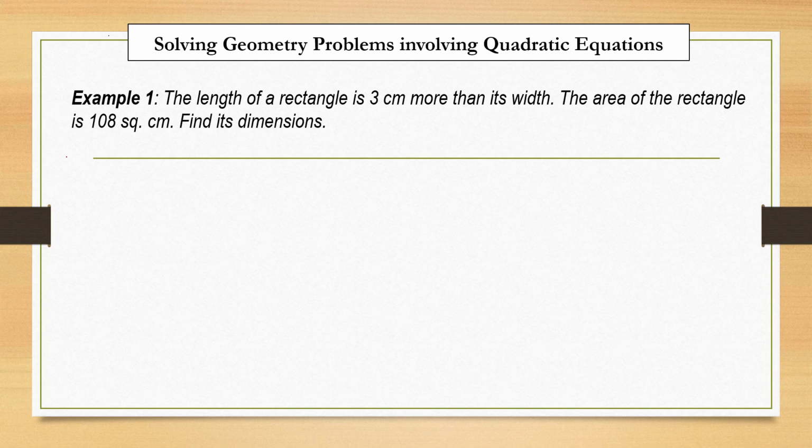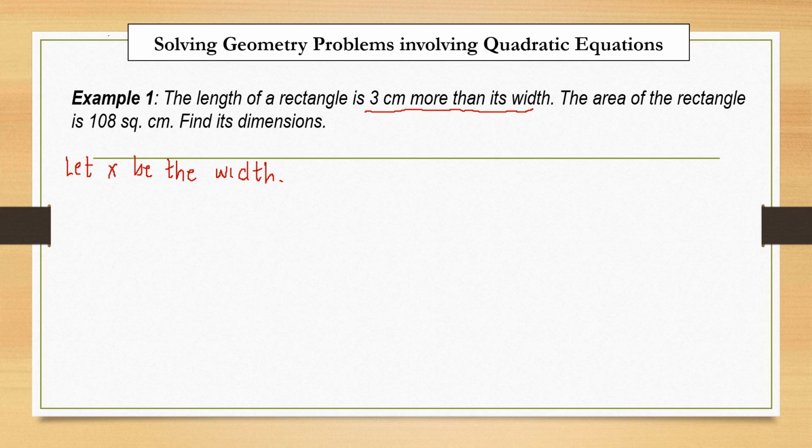So let's say, let x be the width. So if x is the width, it says in the problem that the length is 3 centimeters more than the width. So how do we represent 3 centimeters more than the width?